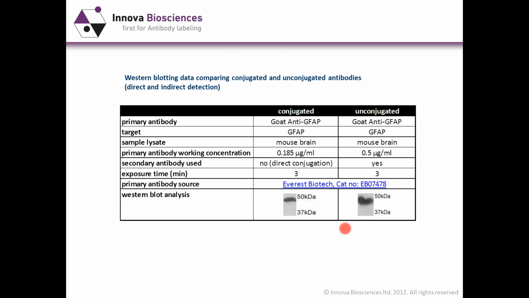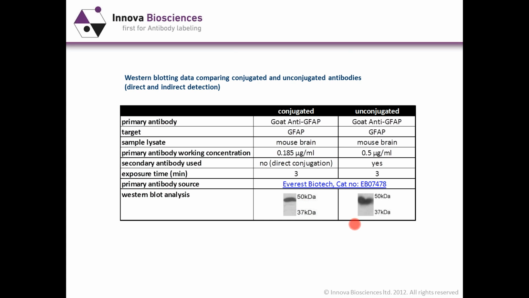In this second case, again, using a different antigen but the same approach, you can see that the antigen called GFAP, which is expressed in mouse brain, here this antibody has been used in a directly conjugated format at just under 0.2 micrograms per mil, and very clearly you get a Western blot positive band at around about 45 kilodaltons.